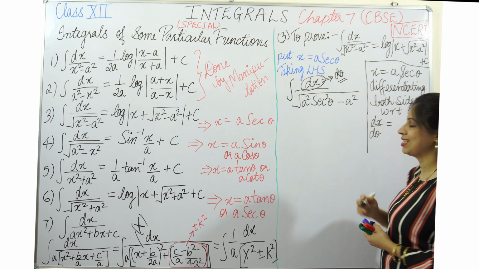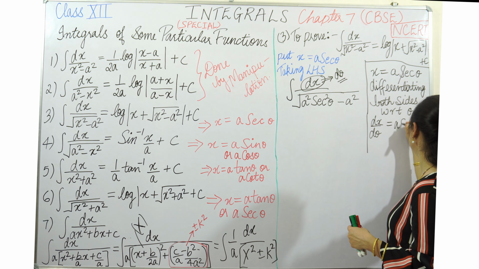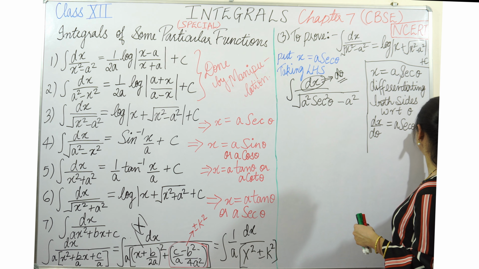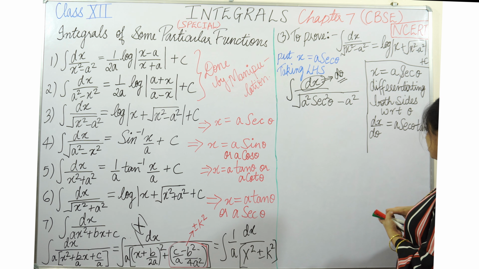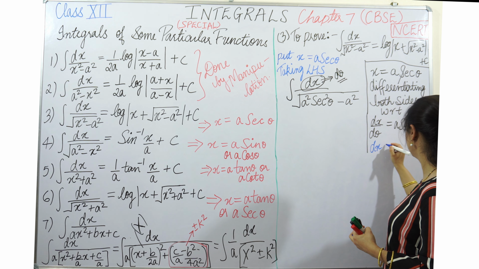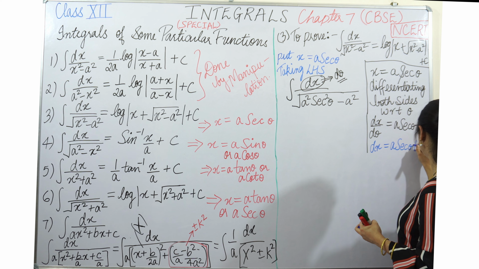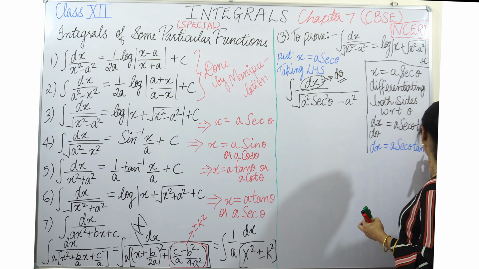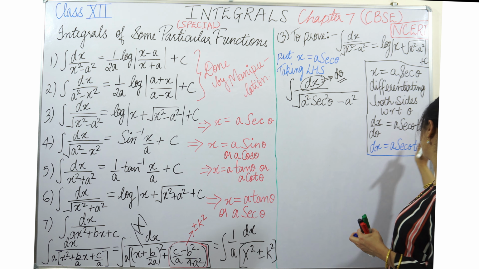The differentiation of sec theta is sec theta tan theta. So it will be a sec theta tan theta. Okay, so this d theta I can take to that side. So dx can be substituted as a sec theta tan theta d theta. Okay, so this is our substitution.